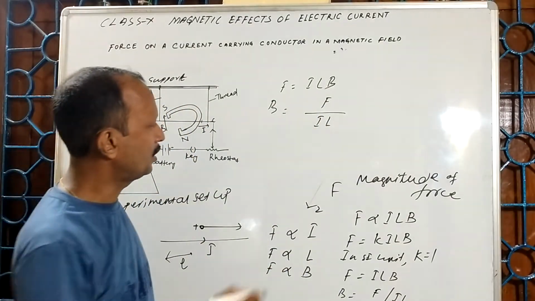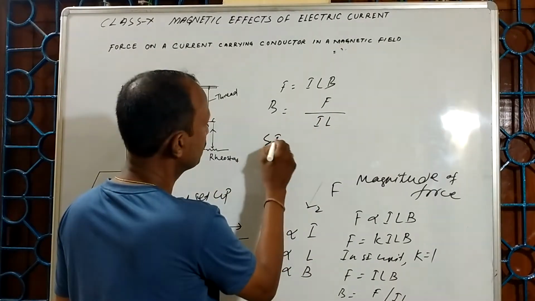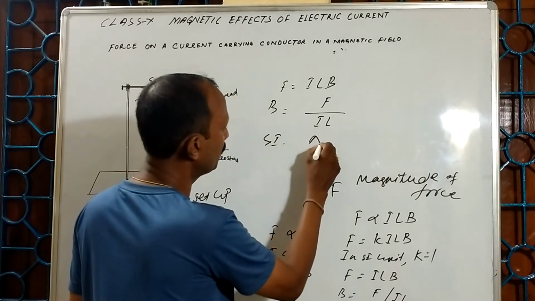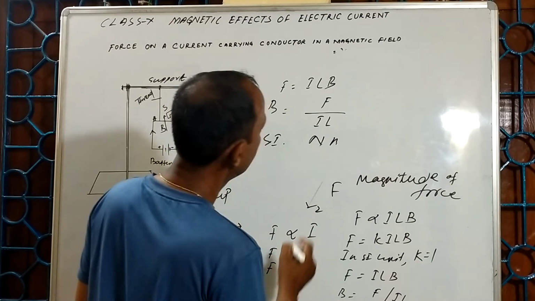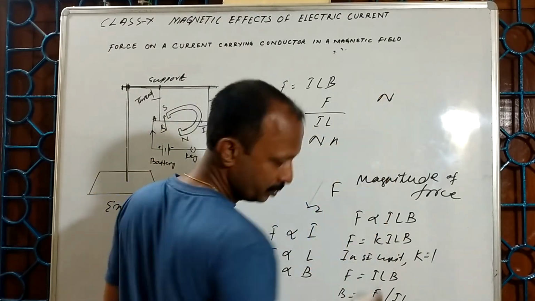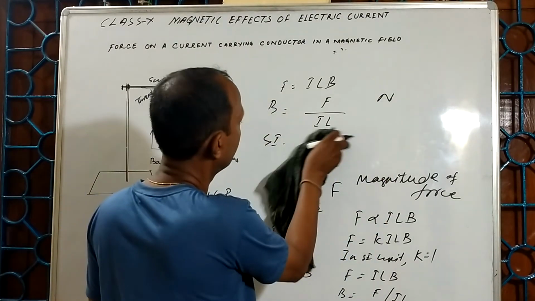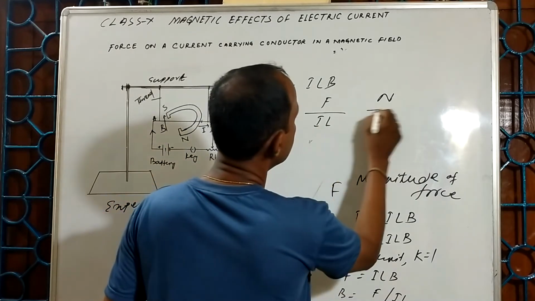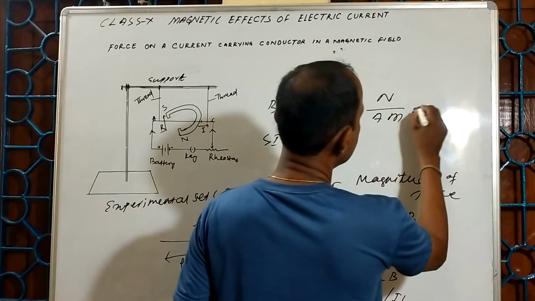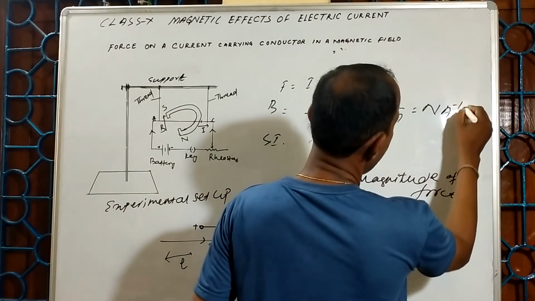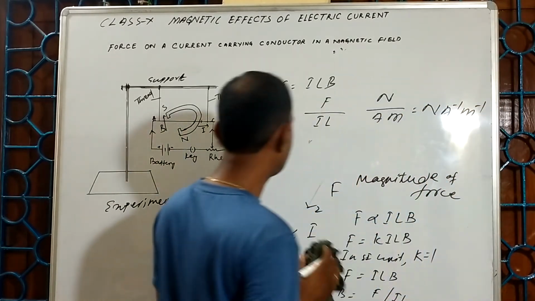In the SI system, force is in Newton, current is in ampere, length is in meter. So this is Newton per ampere meter, or we can say Newton per ampere per meter.